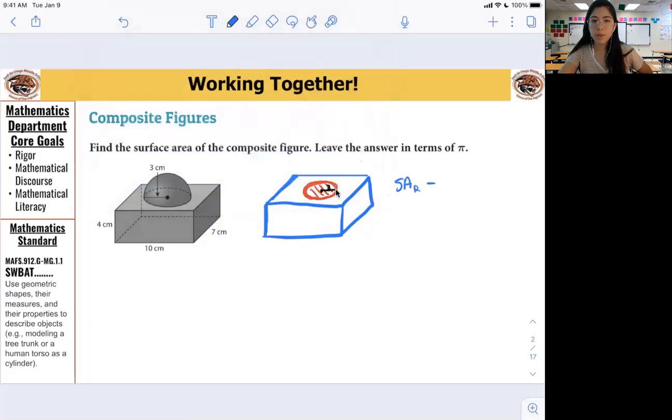Exactly. So we're subtracting the area of the circle. Does that make sense? Any questions on that part? Okay, so we're going to find the surface area of this prism and subtract just the area of that circle on top. Then what am I adding to that afterwards?